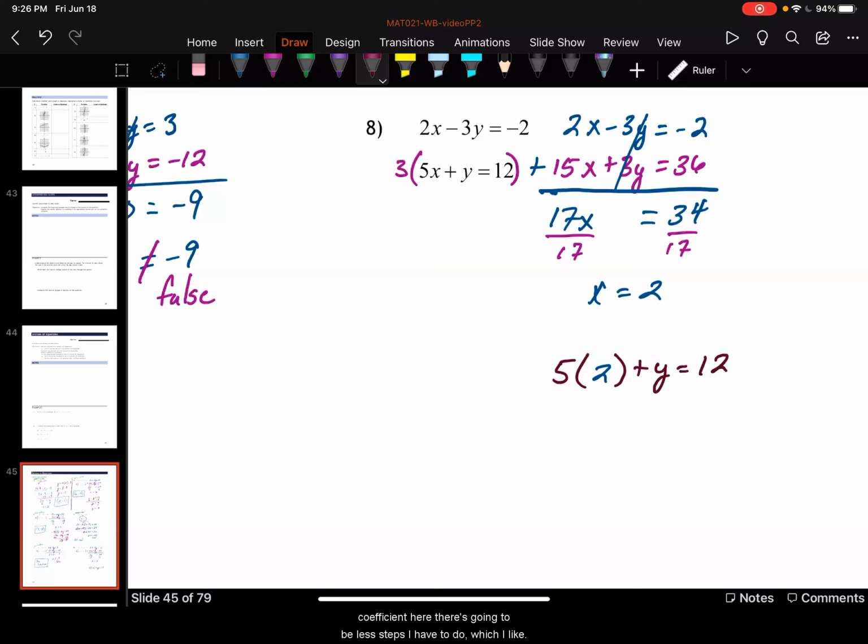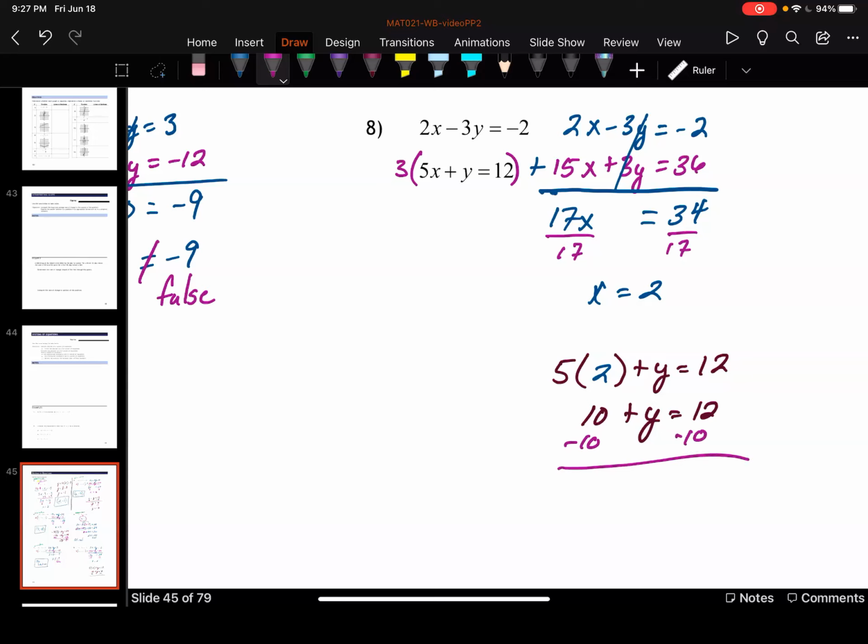And since y doesn't have a coefficient here, there's going to be less steps I have to do, which I like. 5 times 2 will give me 10 plus y equals 12. Subtract 10 on both sides. Y equals 2. So my ordered pair for number 8 would be 2, 2.